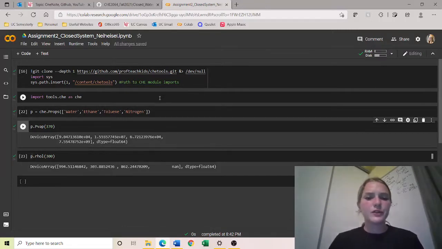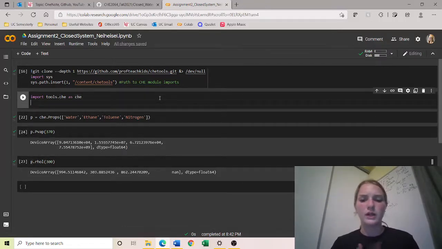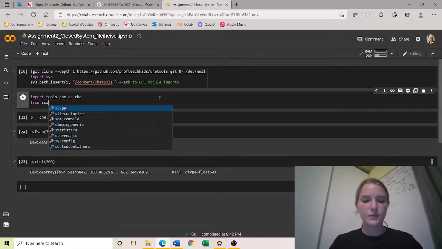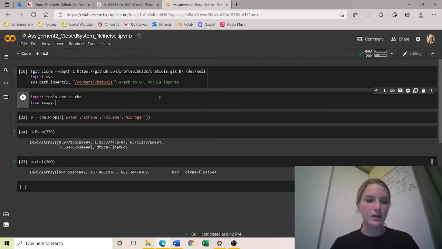So now we are going to start working on our nonlinear equation. So if we go up here, we have to import SciPy. So we do scipy.optimize import root.